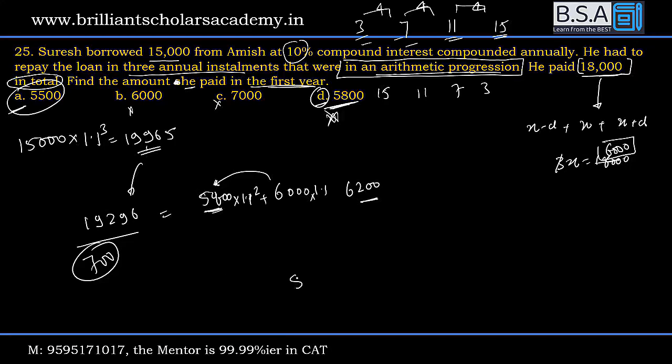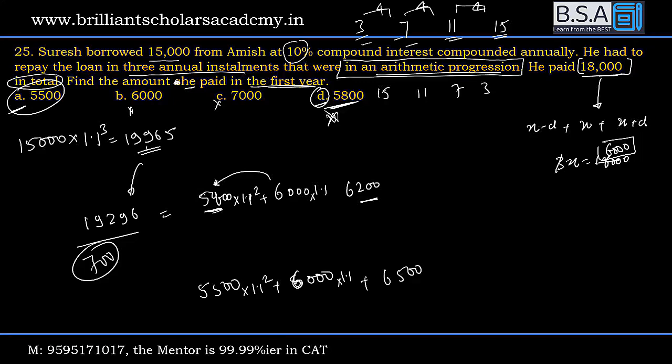If second year value is 6,000, the first year value is 5,500. So last year value should be 6,500. Interest for 2 years, interest for 1 year, and final payment.